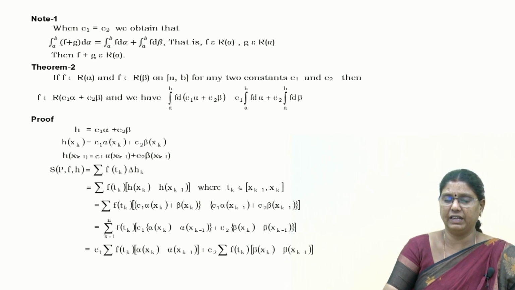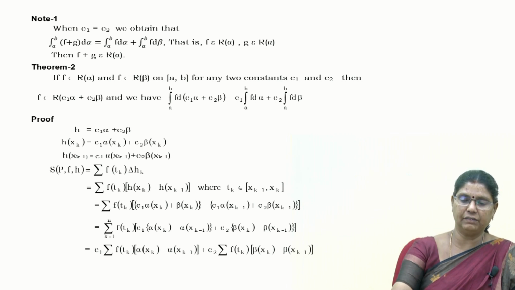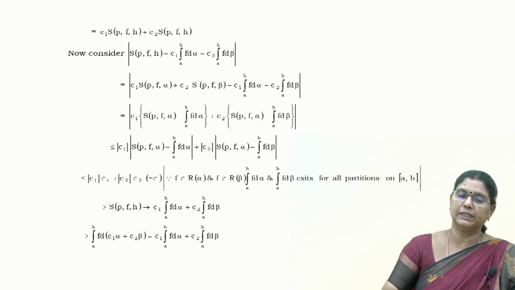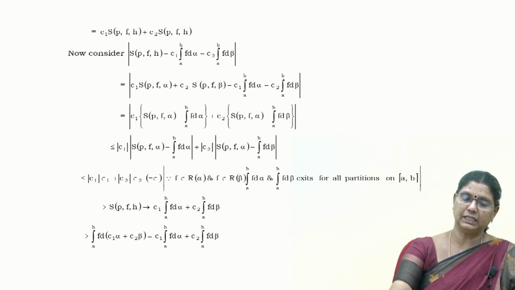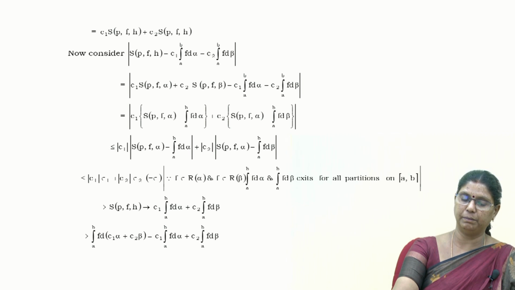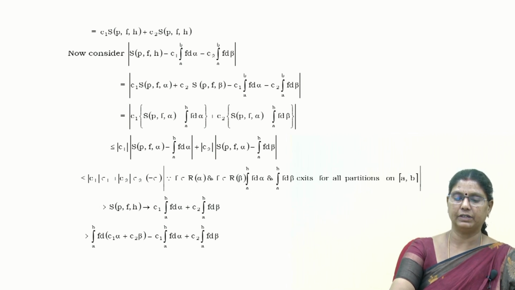So instead of h we can write C1 alpha plus C2 beta, and proceeding in the same way as above we get C1 S(P, f, alpha) plus C2 S(P, f, beta). So now we consider the modulus of S(P, f, h) minus C1 times the integral of f d alpha minus C2 times the integral of f d beta, and that is less than or equal to epsilon by using the above definition. So, hence the integral from a to b of f d(C1 alpha plus C2 beta) is nothing but C1 times the integral from a to b of f d alpha plus C2 times the integral from a to b of f d beta.